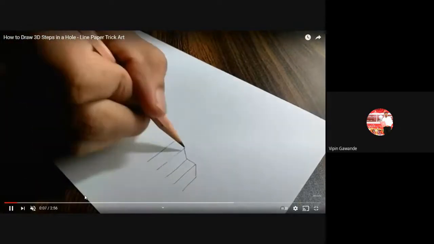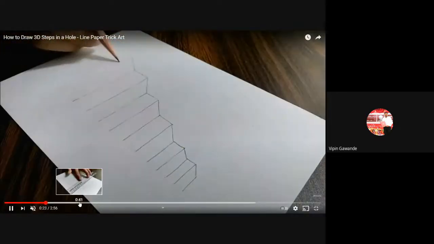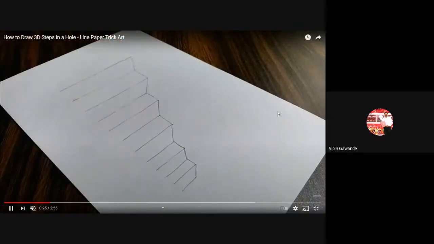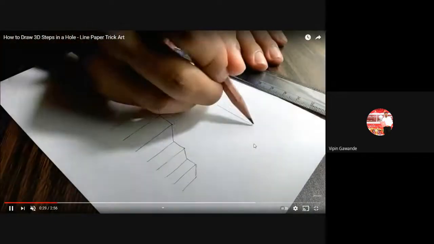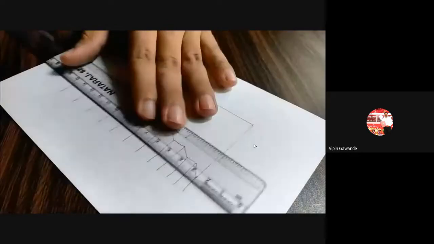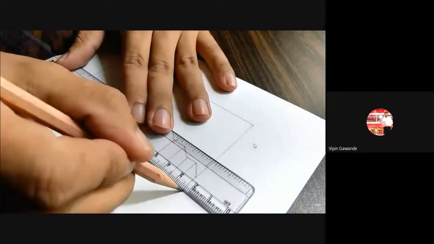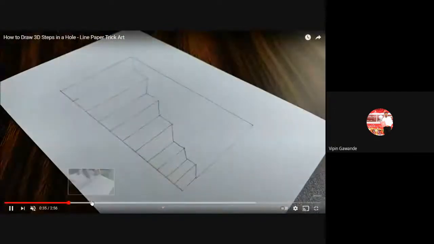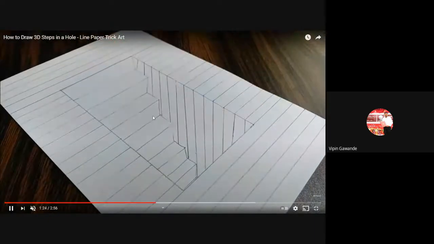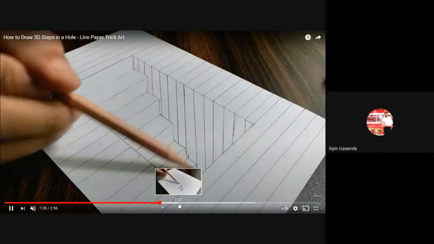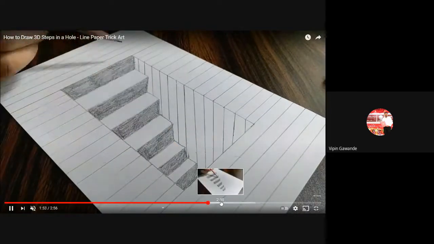On the plane of paper, we are drawing three-dimensional views. The views are appearing like three-dimensional. If you see how he is drawing, he is using the concept of isometric projection.